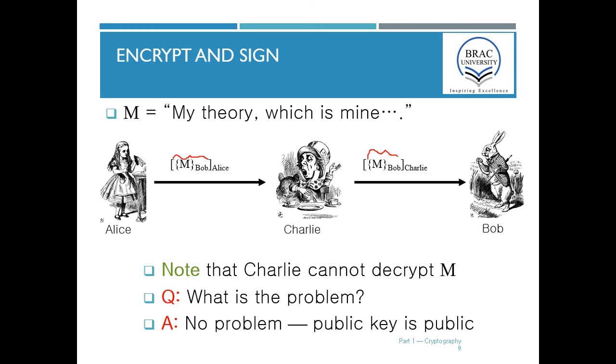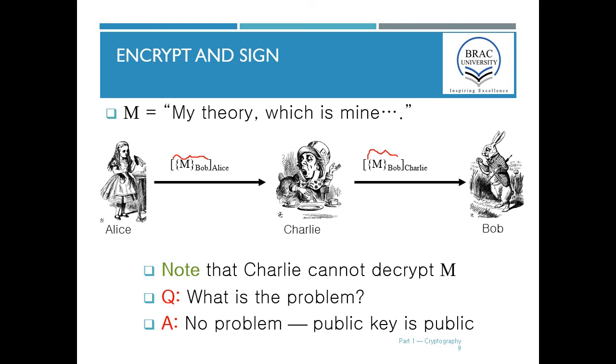The problem is that Alice encrypted the message first and then signed it, but in the middle Charlie can intercept, sign that message and send it to Bob.